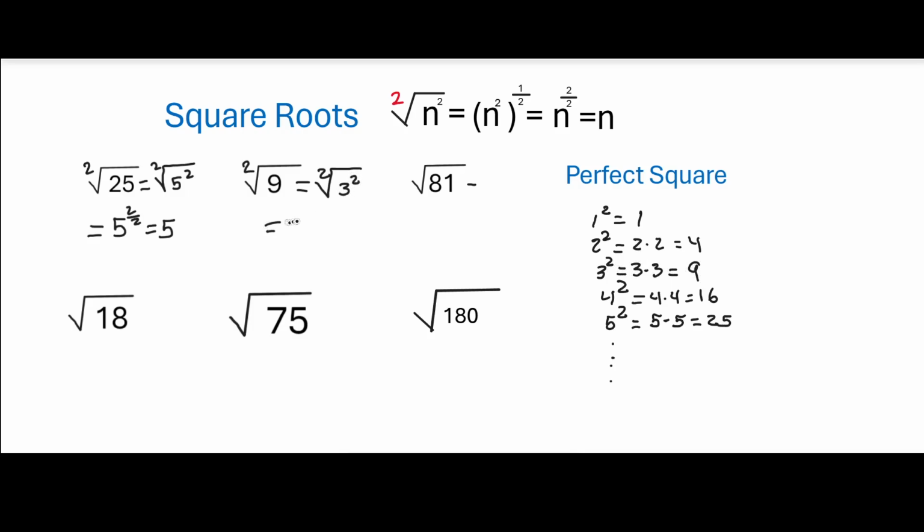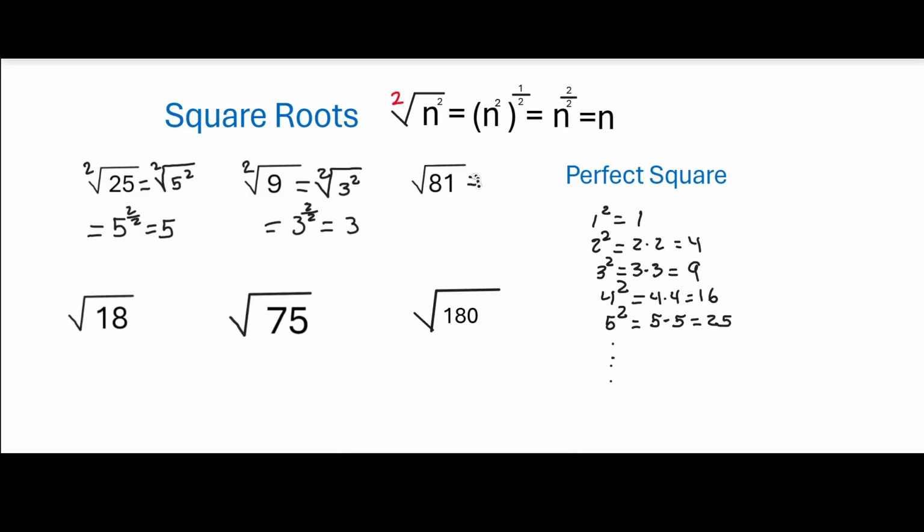The way I know we're going to get the answer is by showing how we're going to be dividing. This number 2 is going to divide the exponent. So that's how I'm going to write it. 2 divided by 2, you're going to get 1. Because the exponent is 1, we never write it. So that's how we know the square root of 9, the answer is going to be 3.